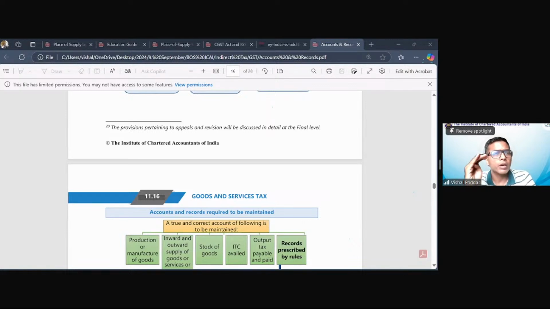They have given a list of different expenses. So just visualize you are preparing your trading P&L account. See the debit side. On the debit side, you have many expenses, right?